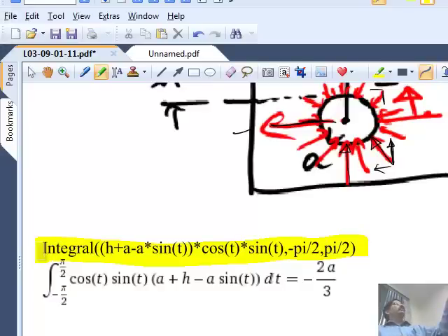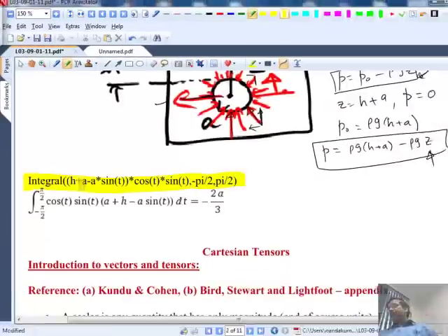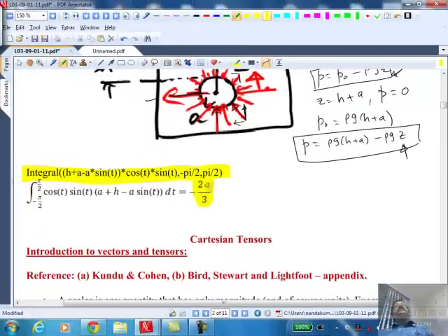So that is the expression that we just figured out: h plus a minus a sine t, where t is what I call theta. It returns the result as 2 over 3, times 2a. Of course, I have left out the pi a squared. When you substitute that, you get 4 over 3 pi a cubed, which is the volume of the sphere.